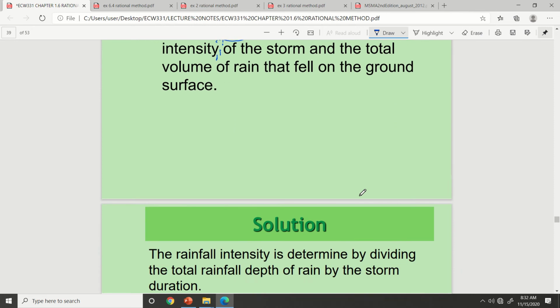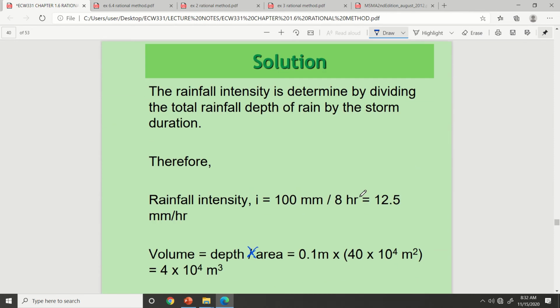So I here is in units of mm per hour, so 100 mm divided by 8 hours, you get 12.5 millimeter per hour. The volume is in meter cube, so you have to find depth times area.